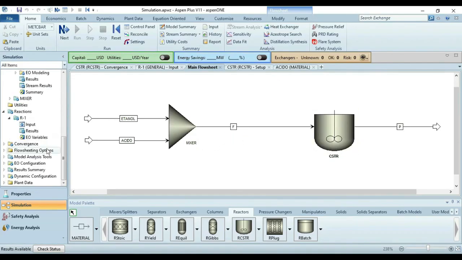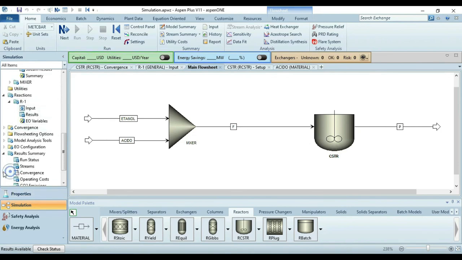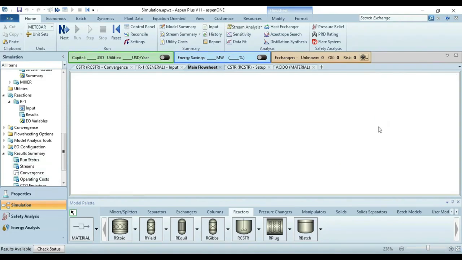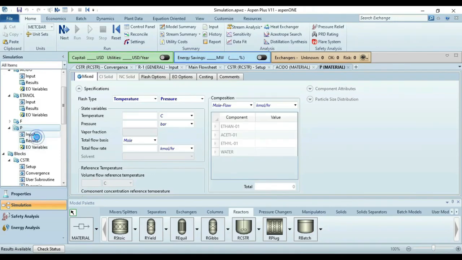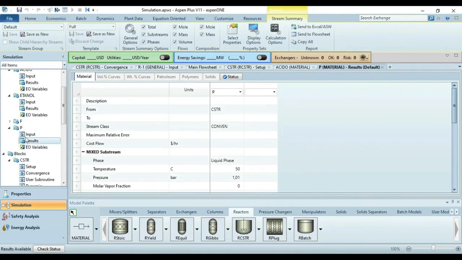And our convergence was obtained. As results, we must check that we have the compositions of our streams in the products. If I click on the product stream, I can see the molar and mass fractions for all compounds in this stream.